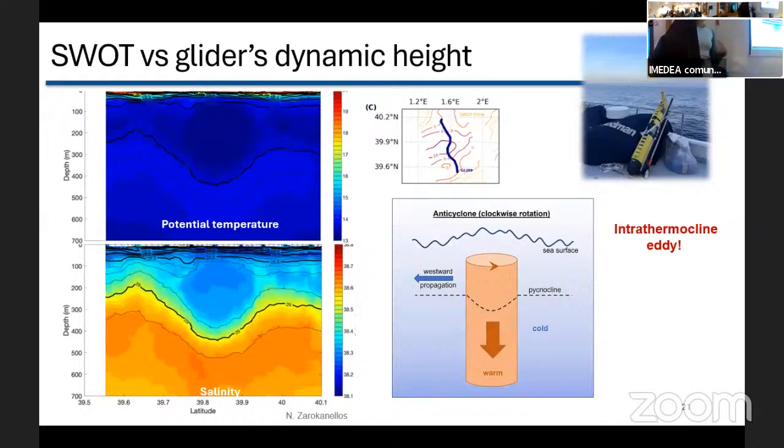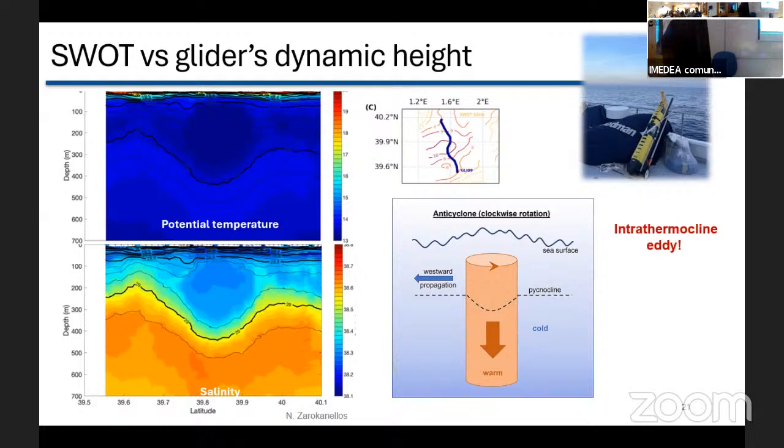Here I want to show you a bit more of the structure of this eddy in depth. Here we have this glider section, which took 3 days to cross the eddy, with transects down to a depth of 700 meters.